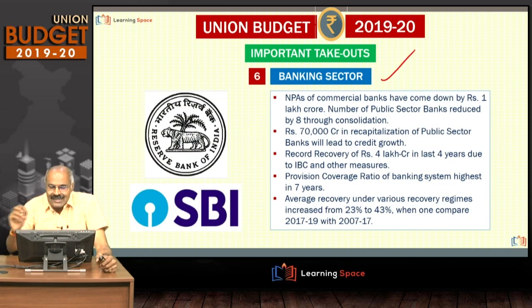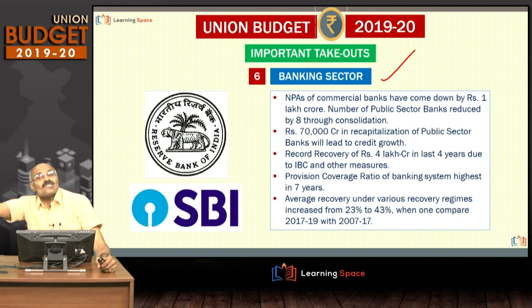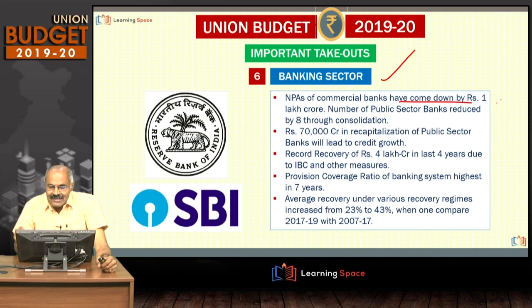Then the banking sector. In fact, there are some positive signs now in the banking sector. Non-performing assets have started coming down. Very important aspect. Here, NPAs of commercial banks came down by rupees 1 lakh crore, and rupees 70,000 crores in recapitalization of public sector banks, because a certain capital adequacy ratio is to be maintained by the banks, and to maintain the capital adequacy ratio, this money is essential.